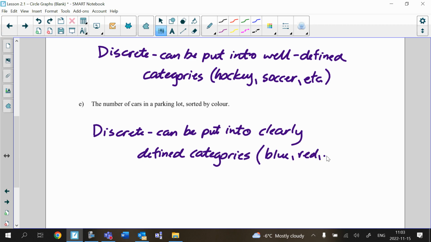So anything that is discrete, we can put into a circle graph. So for example, the number of cars in a parking lot sorted by color, well, we could count all the cars in a parking lot, separate them according to color, find the percentage of each, and put that into a circle graph, right?